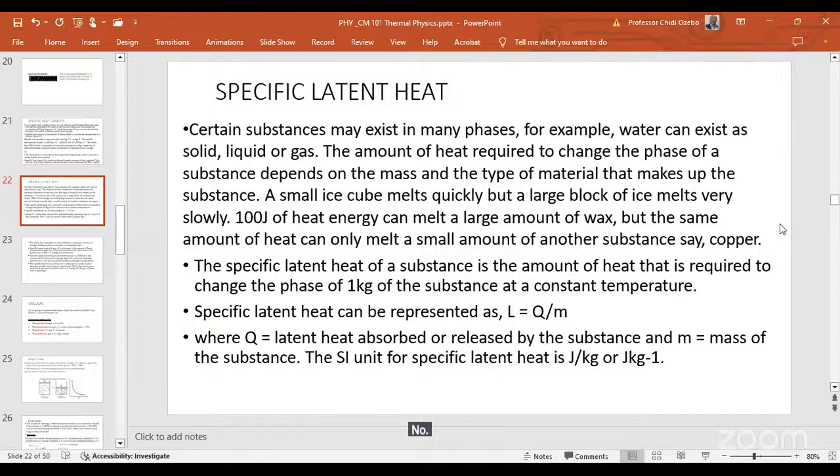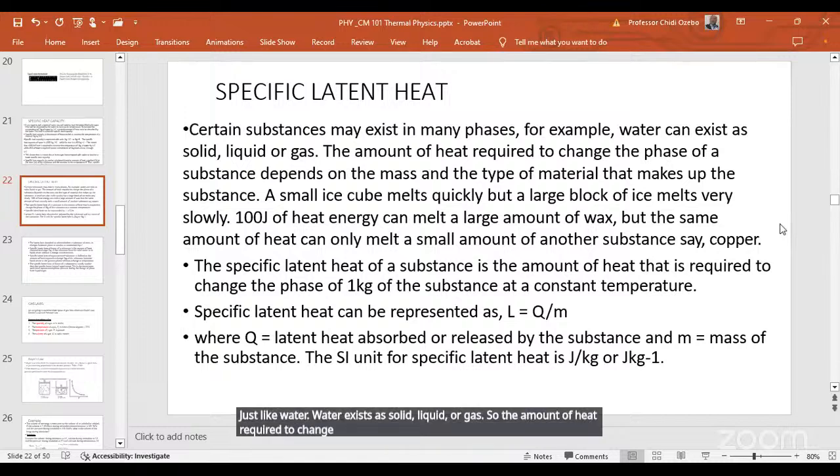Now, there are also certain substances that exist in phases. They have the solid phase, the liquid phase, and the gaseous state. Just like water. Water exists as solid, liquid, or gas. So the amount of heat required to change the phase of a substance will also depend on the mass and, again, the type of material that makes up the substance.